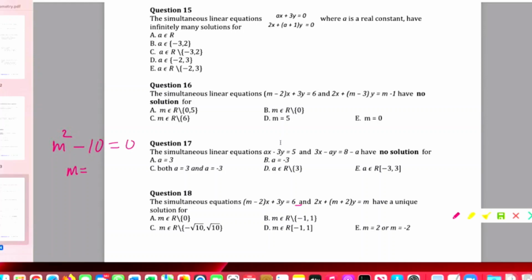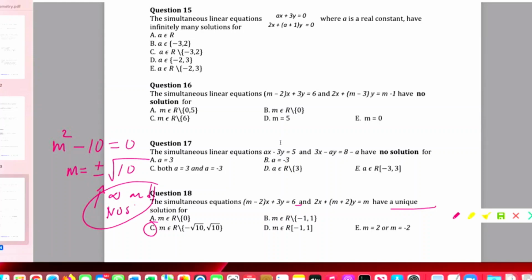So m is equal to plus and minus square root 10. Am I right? So answer is this. Because whatever you get here is for infinitely many solutions or no solution. The question is asking unique solution, so you don't have to evaluate, just skip that. That question is so easy.